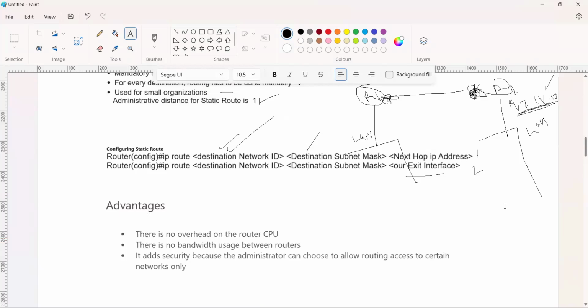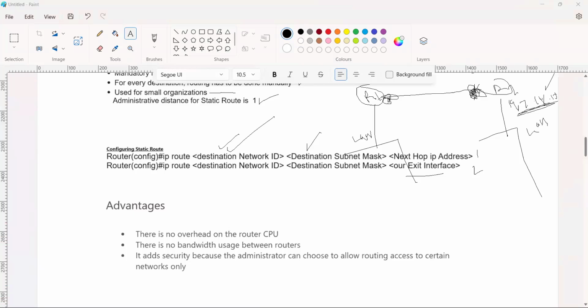Whenever we are using the source and destination, we are only informing this is your destination, this is your source, so there is no usage of much bandwidth. It adds security because the administrator can choose to allow routing access to certain networks only. So it is more secure.